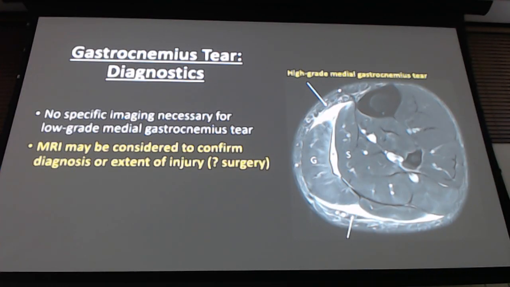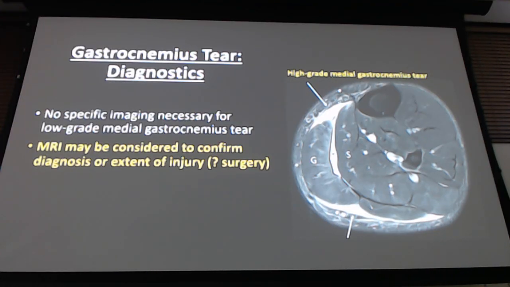Okay. So when we talk about diagnostics, very rarely do we actually do MRIs, right? Because what's the most common? Medial head. Low grade, we're all good with low grade, right? That means like a grade 1. High grade means grade 3 or complete. Low grade gastroc tears, the course usually is rest and activity modification.